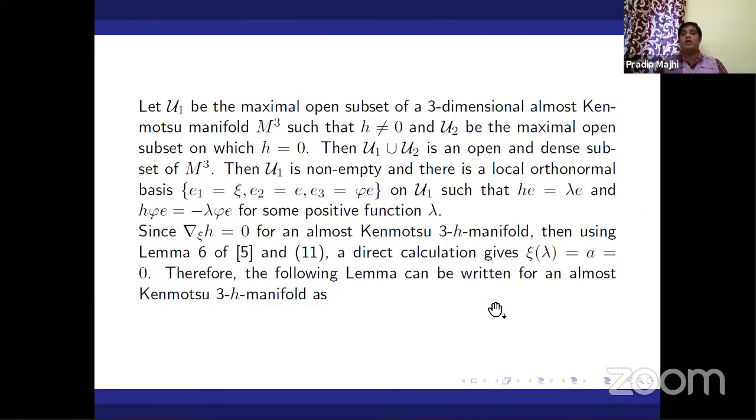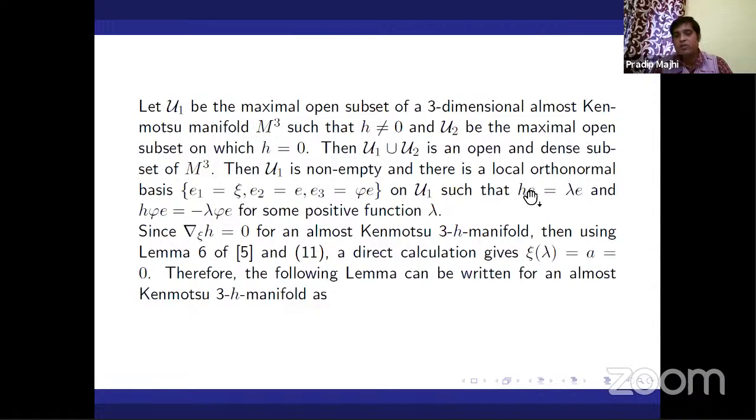Then U1 union U2 is an open dense subset of M3. If U1 is non-empty, then in U1 there is a local orthonormal basis xi, e, phi such that h e equals lambda e and h phi equals minus lambda phi.